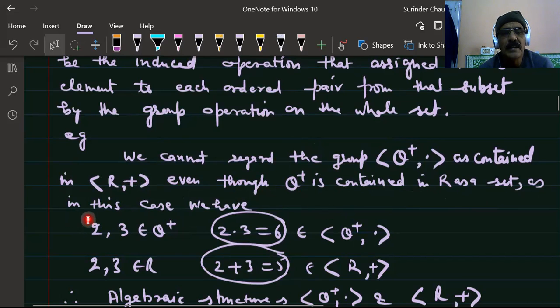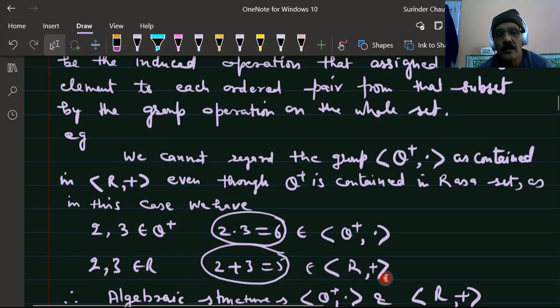Here 2 and 3 are two positive rational numbers, and by multiplication 2 times 3 is equal to 6, which belongs to Q. Now 2 and 3 belong to the real numbers, and under addition, 2 plus 3 is 5.